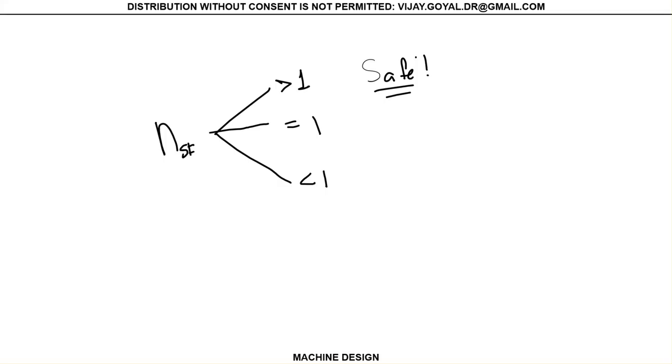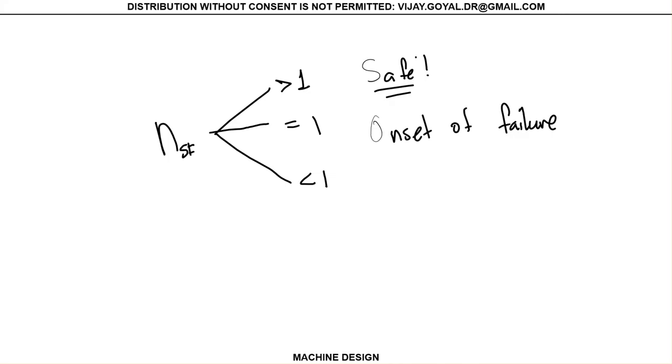There's no failure yet, it's at the onset. And then you ate the steak, and the steak is gone. Well, this is what we call failure.